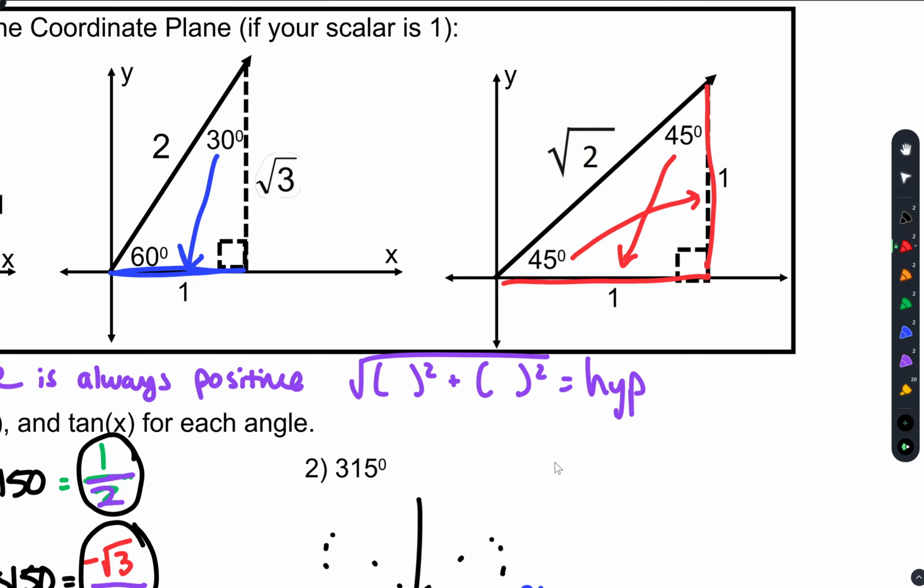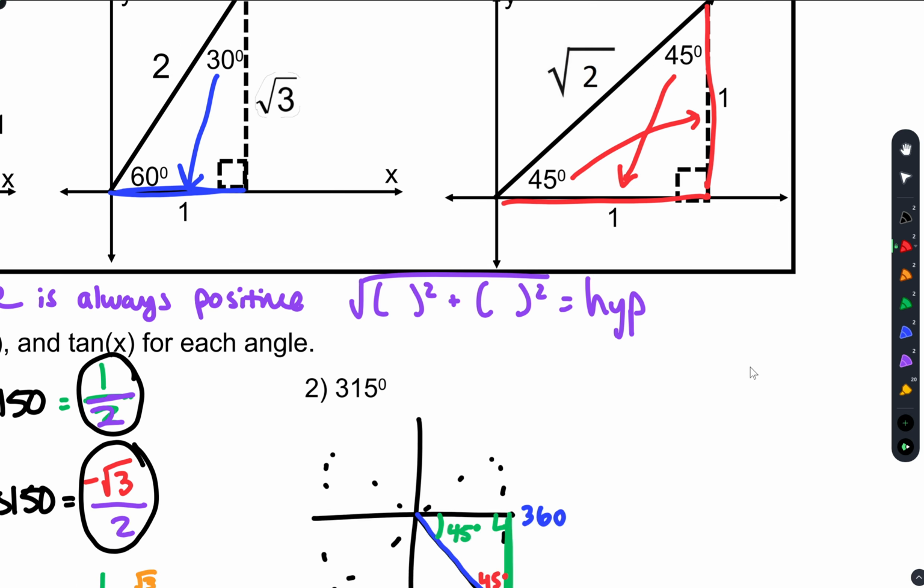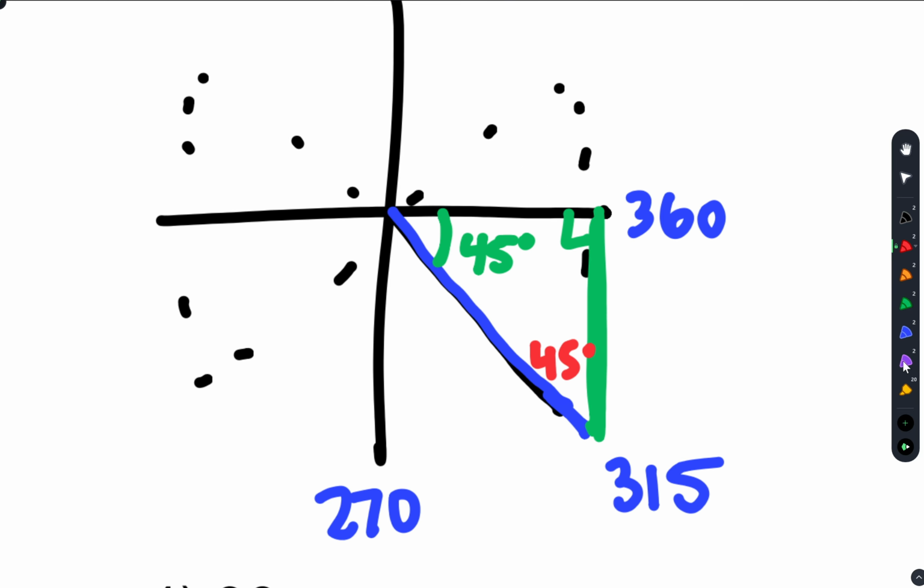Across from the 45s is always a 1, and the hypotenuse is radical 2. The hypotenuse is easy. That's always going to be positive. Then I've got to think about the signs of these 1s. The first 1 here, this green one, is going downwards, so I want a negative 1. This one over here is going to the right from the origin, so that's going to be a positive 1.